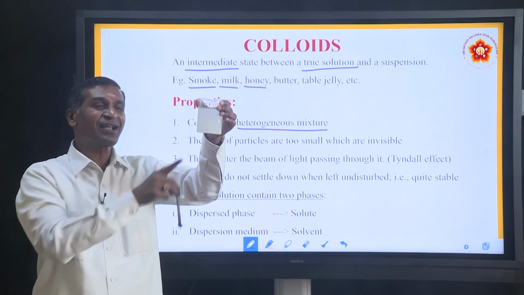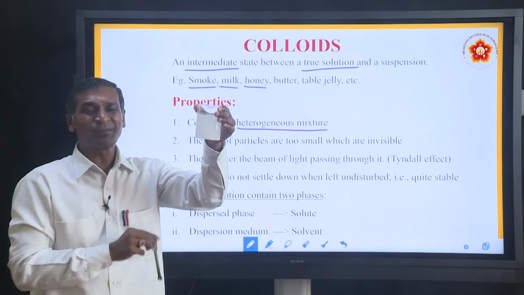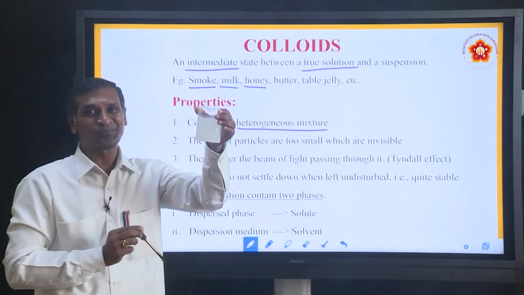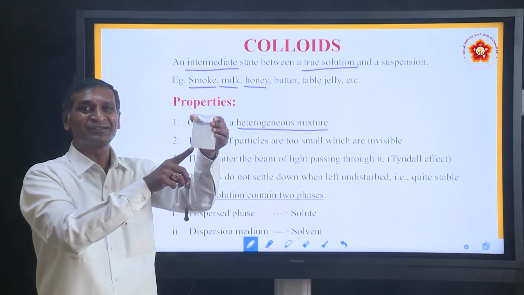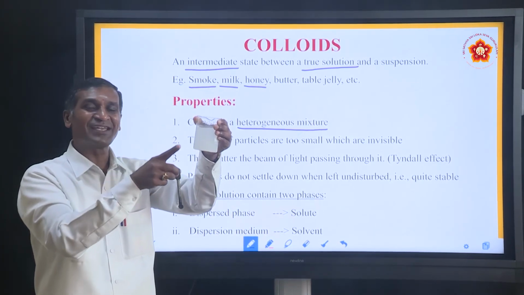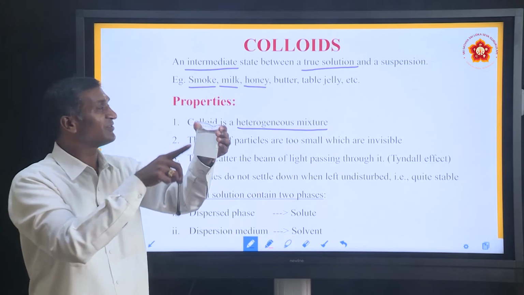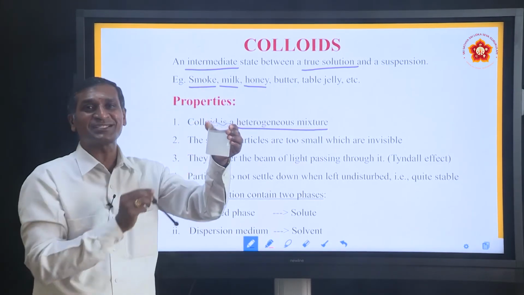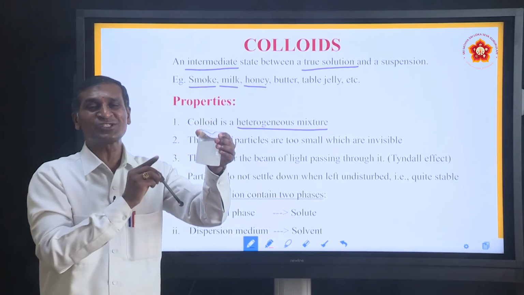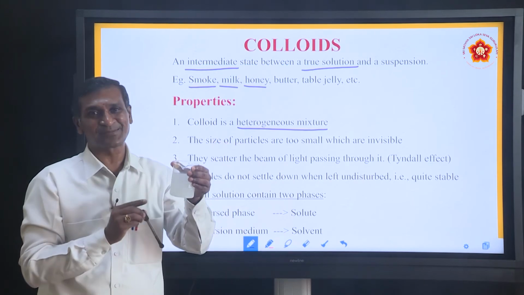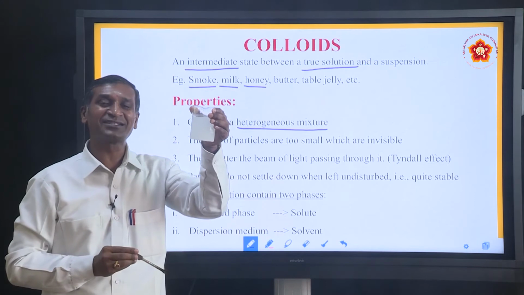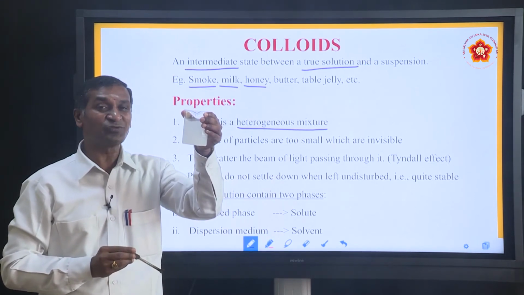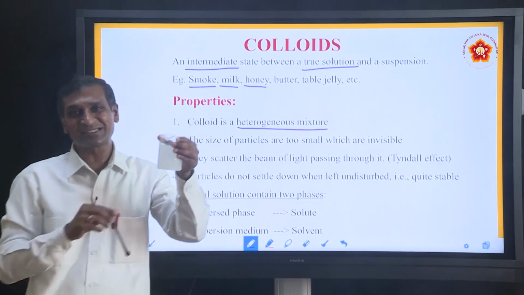We can easily tell that the starch is there, but we can't remove it. So, we say that it is a heterogeneous mixture as well as behaves as a homogeneous mixture. That is why we say the intermediate state between a true solution and suspension is this colloid, a starch solution. That too, which starch? Soluble starch.